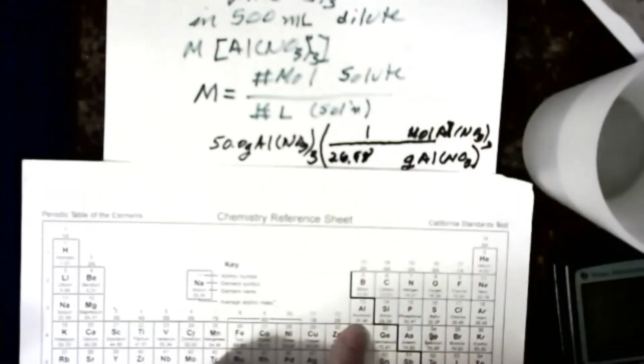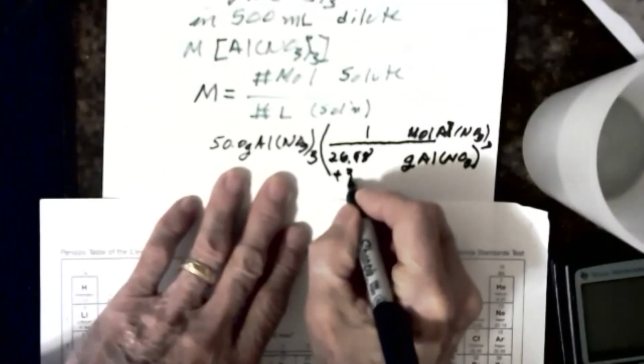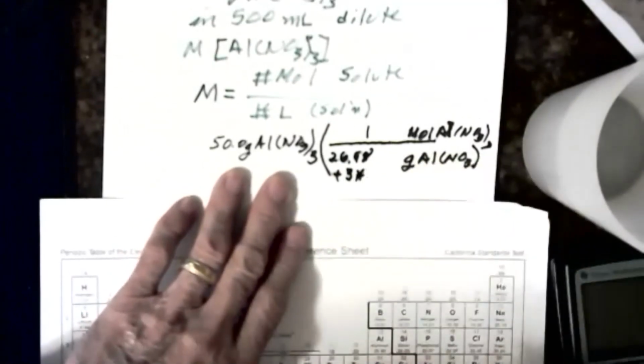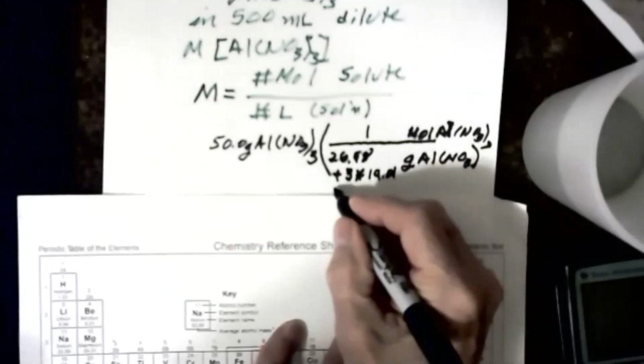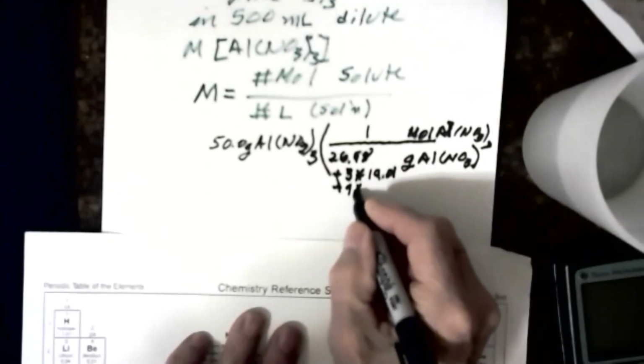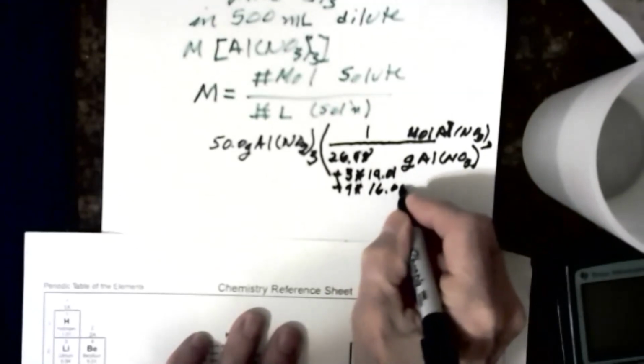And I have to add then the number of nitrogens, which is 3. So I'm going to add 3 times the atomic weight of nitrogen, which on my periodic chart is 14.01. And I'm going to add to that the number of oxygens. That's 3 times 3 is 9. And the atomic weight of oxygen from the periodic chart is 16.